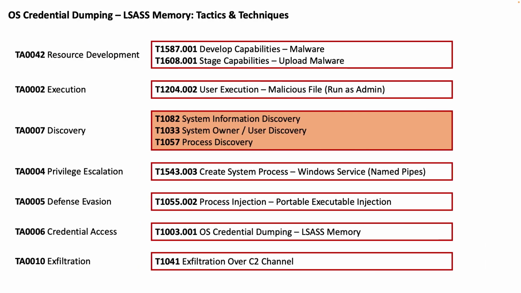Okay, so we just identified a process that we can use to access LSASS, but this process is running under the context of the system user, which means that we will need to escalate our privileges from admin to system. Okay, and we will do this using the getsystem module of Metasploit.